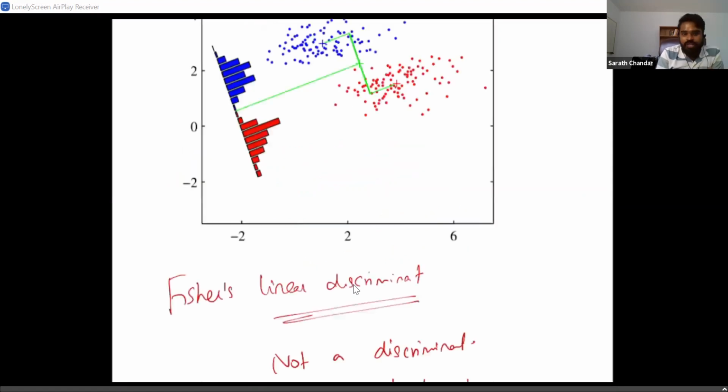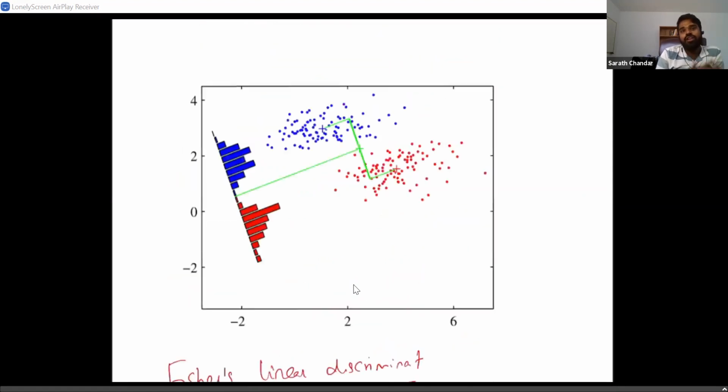This is just a projection. Now you need to come up with a classifier which is going to divide the data in this projected space. That classifier is not given by Fisher's LDA. So in some sense, it is not a discriminant function. It is just a direction for projection. Okay. So now the next obvious question is, how can we come up with a classifier by using Fisher's LDA? But before that, maybe I'll take a couple of questions from the chat.